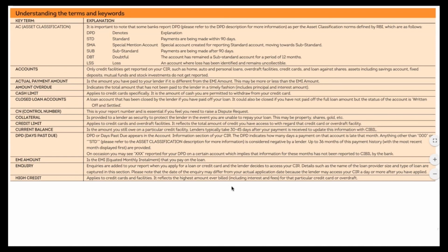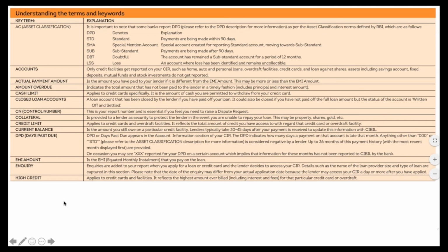That is the high credit, and again you come back to normal. So if the sanction limit is 5 lakh and the present outstanding is 3 lakh, then if you want to know what is the peak utilization, you have to look at high credit, and high credit will say it is like 4 lakh 90 or 95,000 as the case may be.